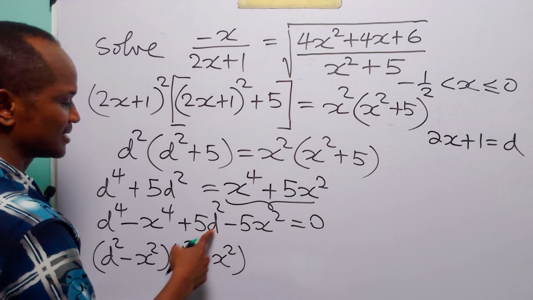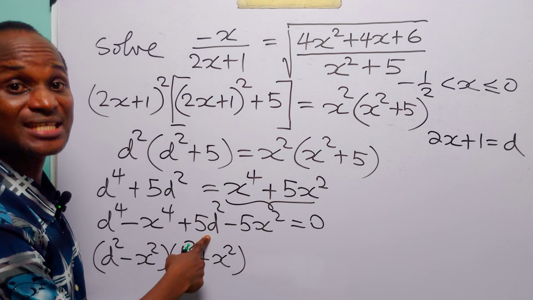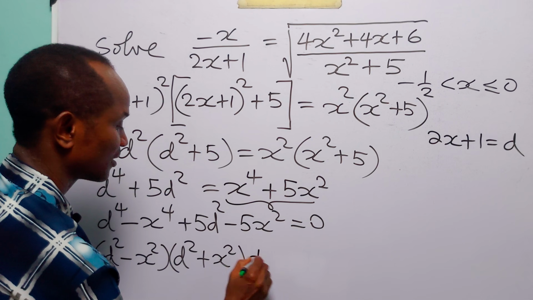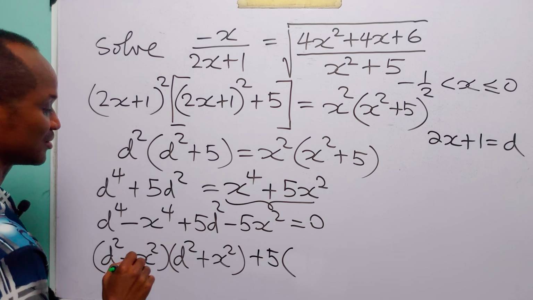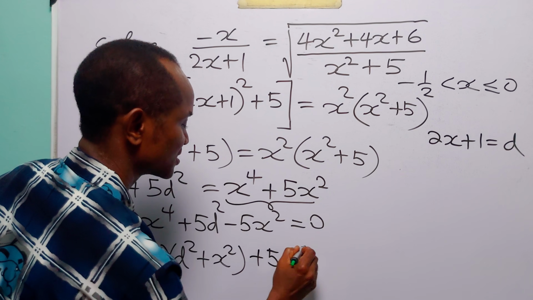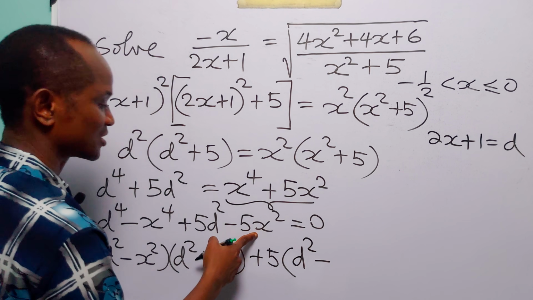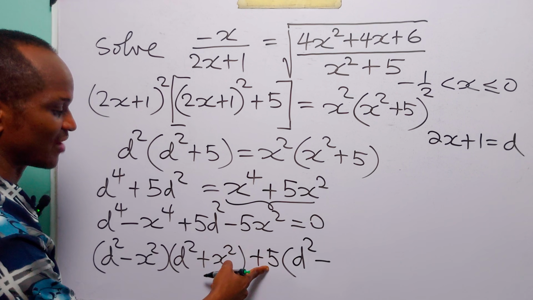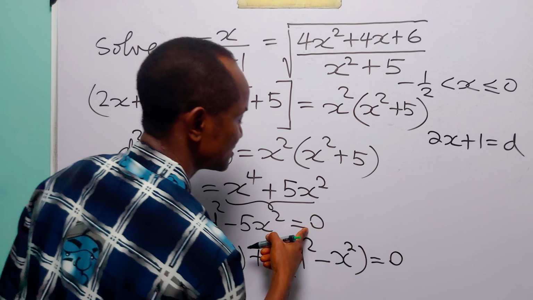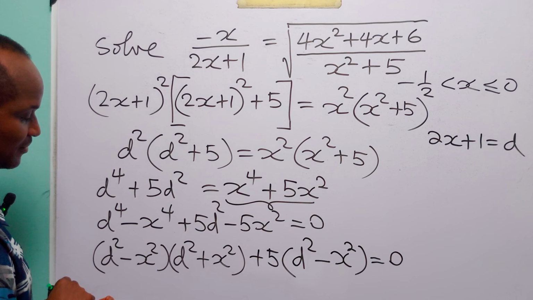Now, when you look at these two terms, you will see a common factor, which is 5. So we have plus 5 into 5d squared divided by 5 is going to give us d squared. And of course, minus 5x squared divided by 5 is going to give us x squared. And this is equal to 0.